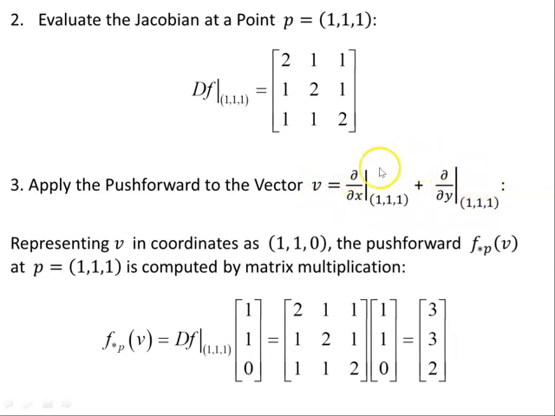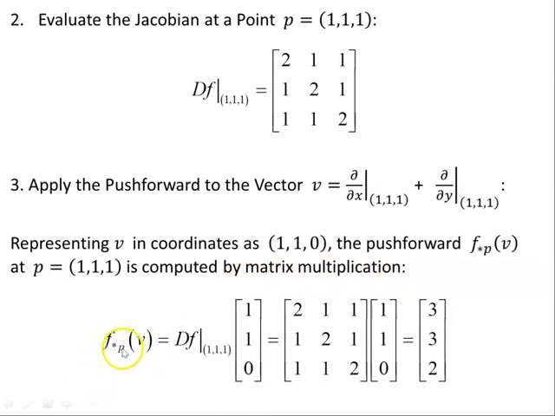So here's our vector V again at the point (1, 1, 1) on manifold M. Partial y. So a unit in the x direction, a unit in the y direction. Now, to make our life simple, we're going to represent V in coordinates in this form, (1, 1, 0). The push forward F star P of V at P equals (1, 1, 1) is computed by matrix multiplication.